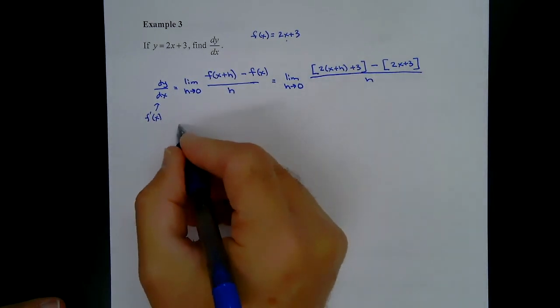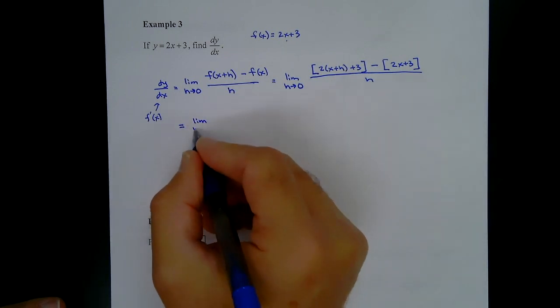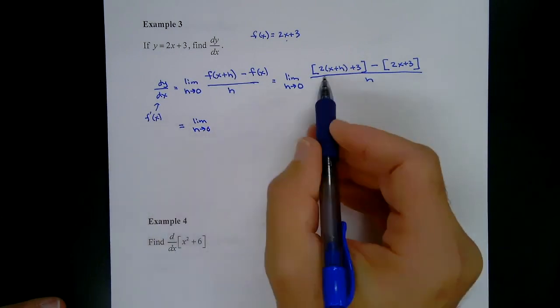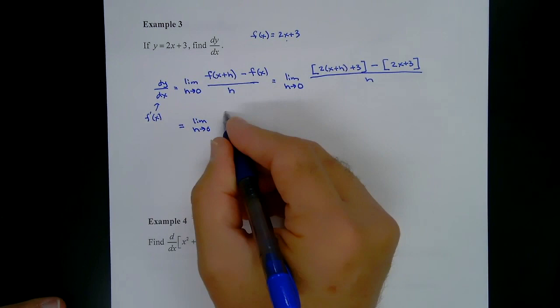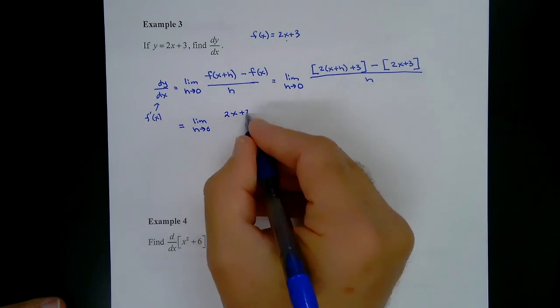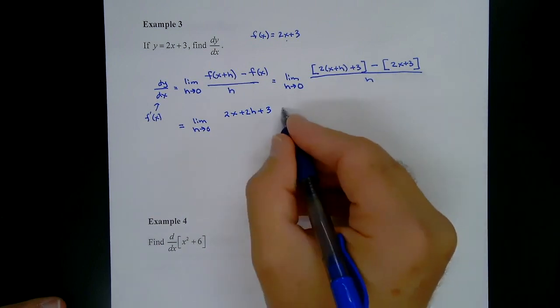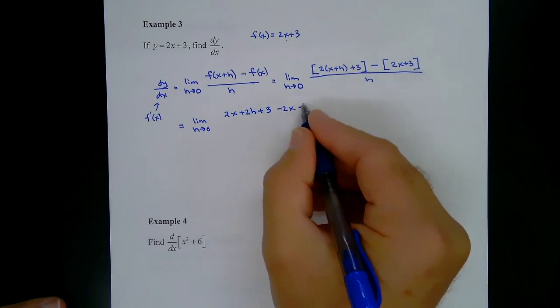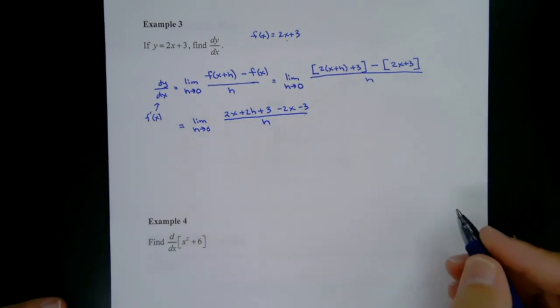Okay, so dy over dx is equal to the limit as h approaches 0, and this becomes 2x plus 2h plus 3 minus 2x minus 3 all over h.